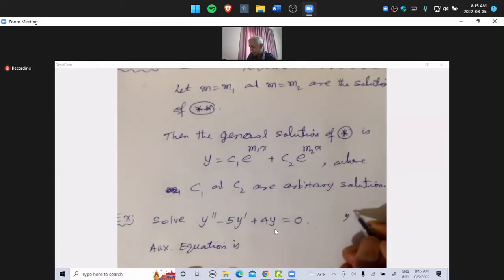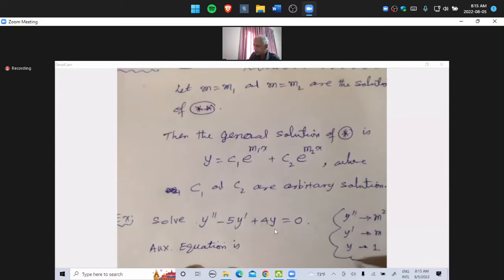Y dash gets replaced by m to the power 1, and y is replaced by m to the power 0, meaning just 1. Okay, this is what you have to do to get the auxiliary equation.